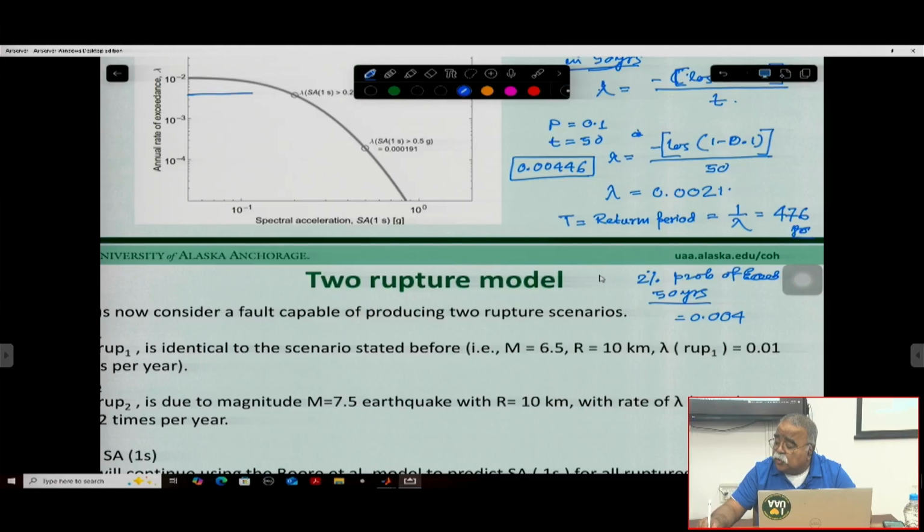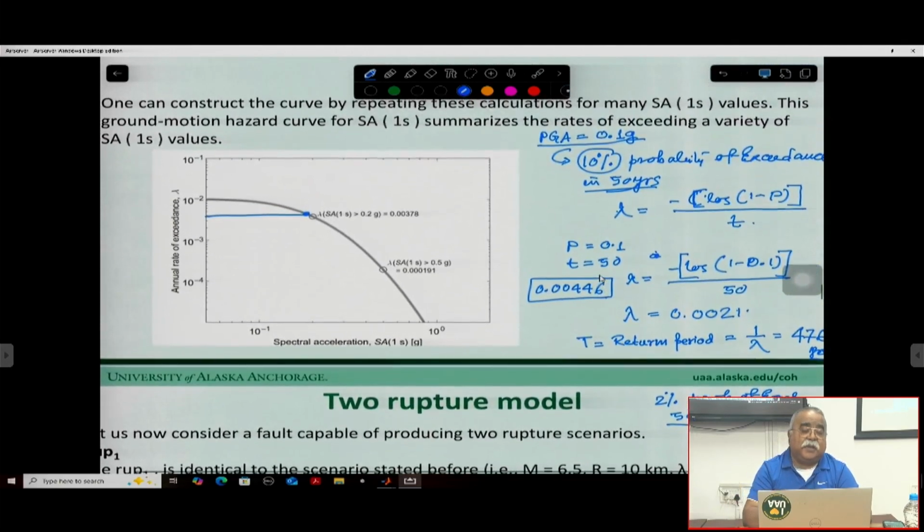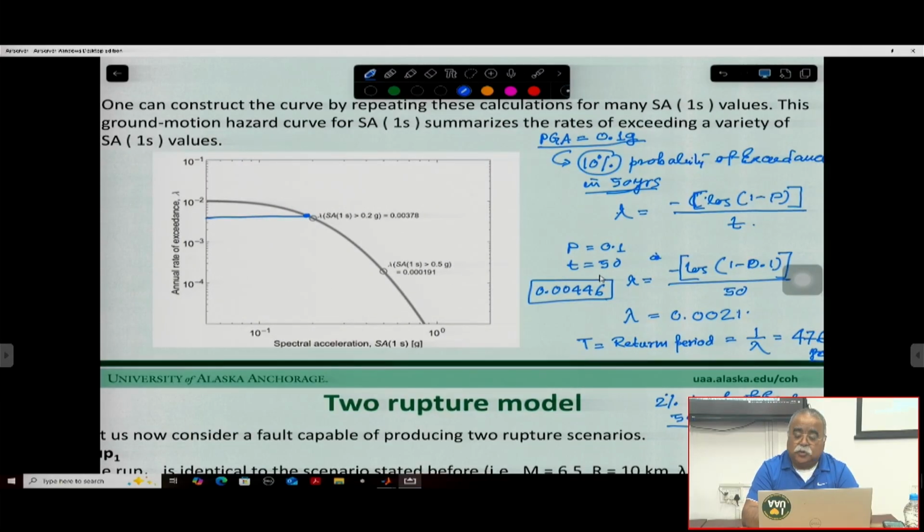So if you go there, that will be the value for this curve, whatever I generated last time at a particular site, right? So this corresponds to 0.446, and then you get down to this number.